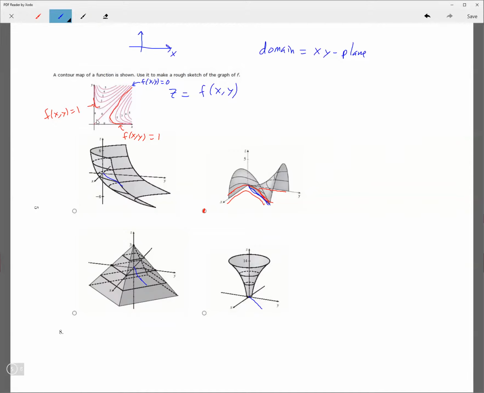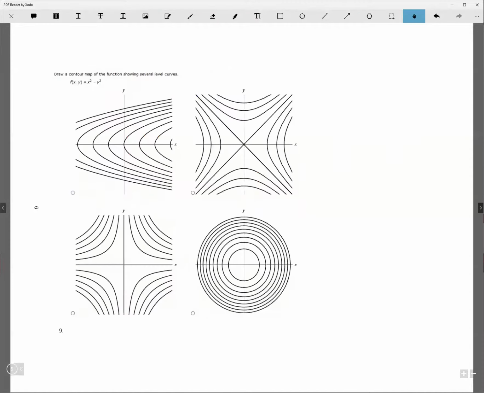But when they're further apart, like from here to here, it's not as steep. As you go up, it's getting steeper and steeper because these are getting closer and closer together, right? And same thing over here. Maybe this is not a really good example for that, but that's how that works.